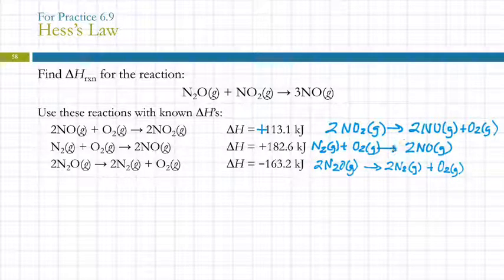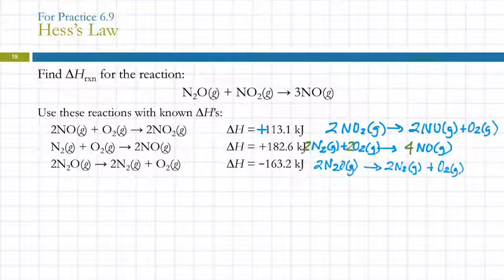What do I need to do to this equation so it's going to get rid of all the O2s and N2s? I need to double it. So I'm going to multiply that by 2. So this is going to be 2 N2s and 2 O2s and 4 NOs. If I multiply the equation by 2, what do I have to do to delta H?